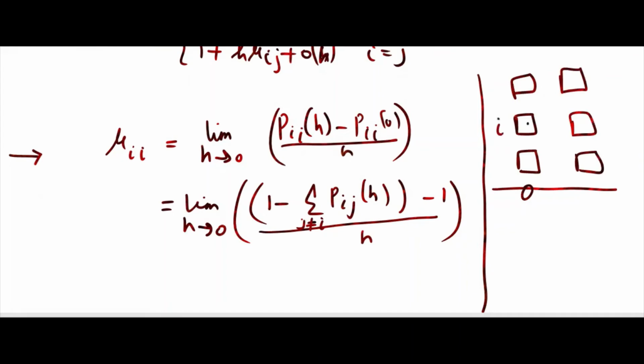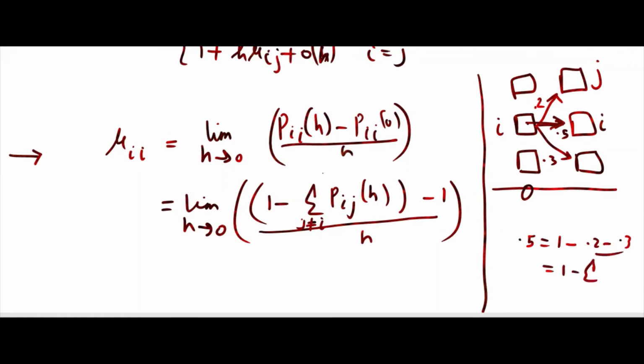If this is i and then this is j, so this probability plus this probability plus this probability is equal to 1. So what is the probability that it will go from i to i? Total probability is 1 minus all these probabilities, because if this is 0.2, this is 0.5, this is 0.3, I am writing 0.5 is 1 minus 0.2 minus 0.3. 1 minus this summation.